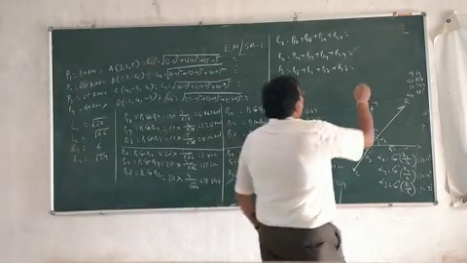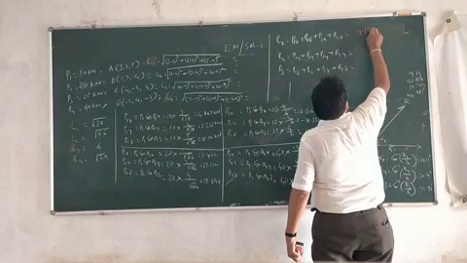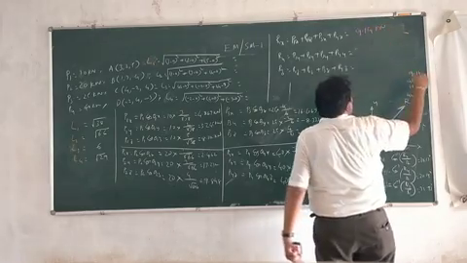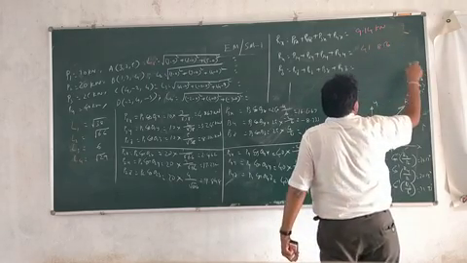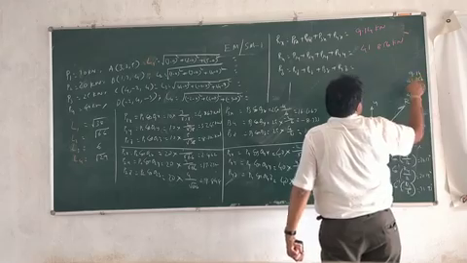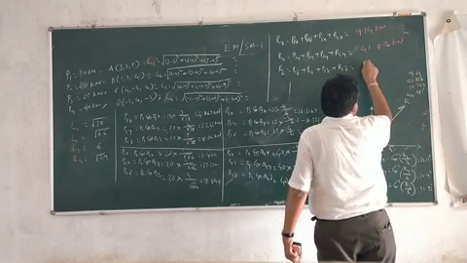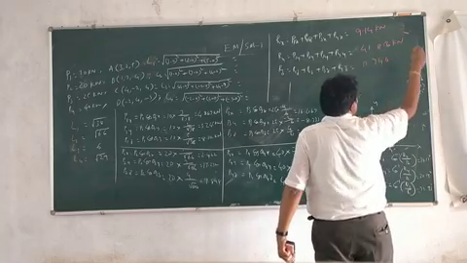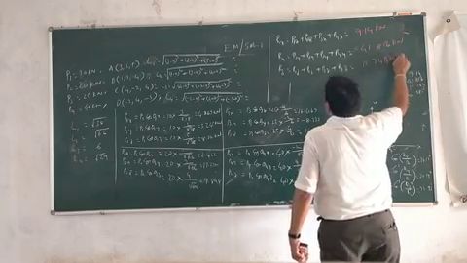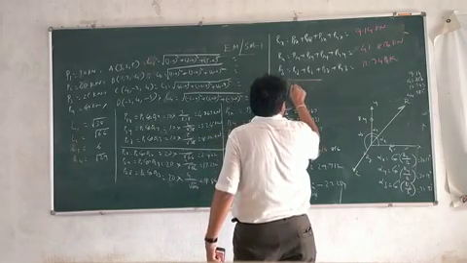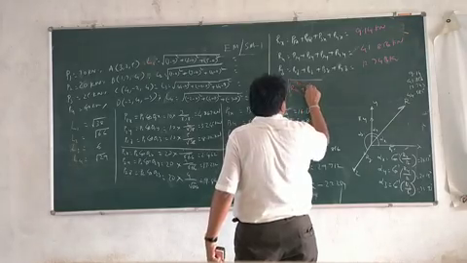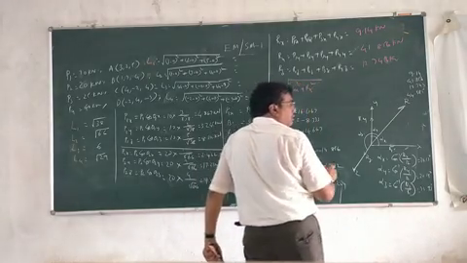Finally, we got 9.14 kilonewton, 41.856 kilonewton, and 12.743 kilonewton. Our resultant R is equal to root of Rx square plus Ry square plus Rz square.